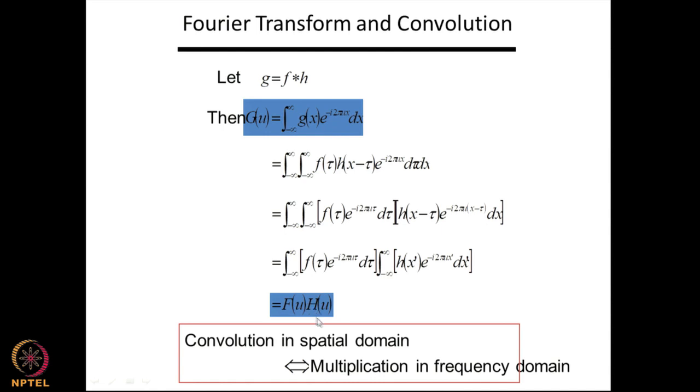So, this is very, very useful. Convolution in the spatial domain will give you multiplication in the frequency domain. Here u is a frequency. So, a very complicated problem in the spatial domain gives you a very simple multiplicative problem in the frequency domain, and hence they are very, very useful in solving these kinds of equations.